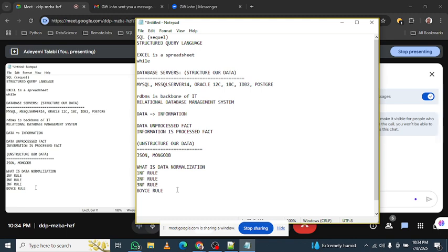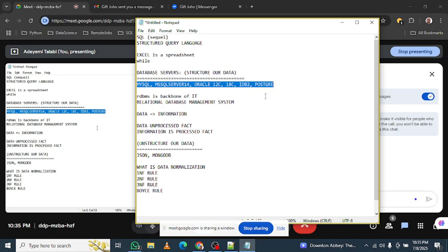Okay. Now I want to visit the site just for us to learn about data normalization and some of the rules. Do you understand that? So I'm laying a foundation for what SQL is. SQL is just a language that all database servers use.